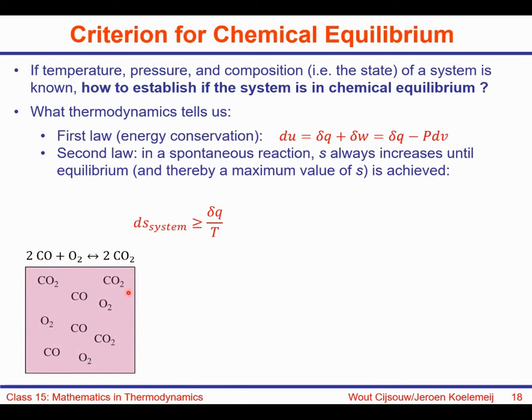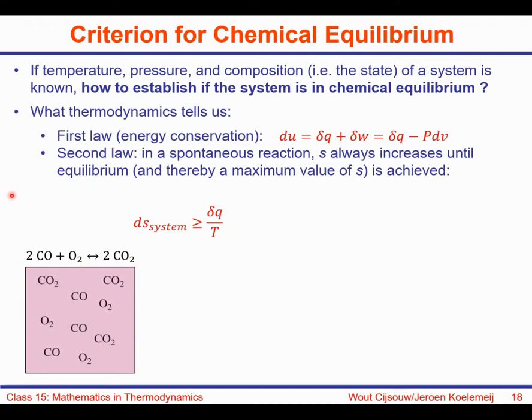We make sure that the pressure and the temperature remain constant, and it's at an elevated temperature such that this combustion of carbon monoxide can take place. So you oxidize carbon monoxide to form carbon dioxide. But because of the elevated temperature, these carbon dioxide molecules can also be dissociated, and they break apart into the original molecules again. And these molecules we are calling reactants, and these molecules we will call products.